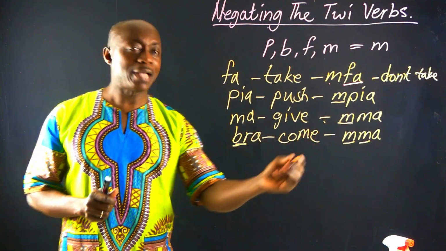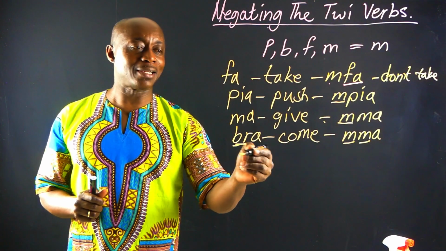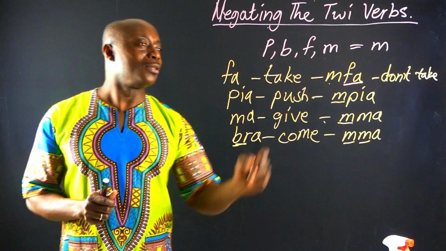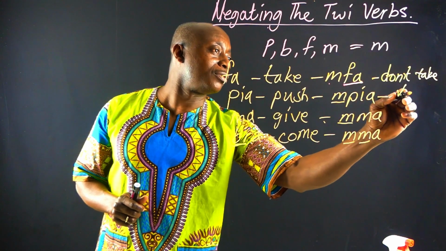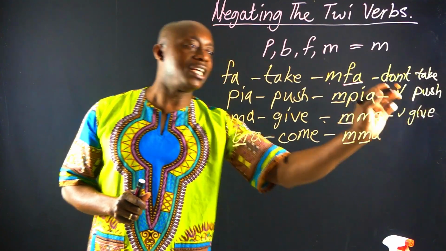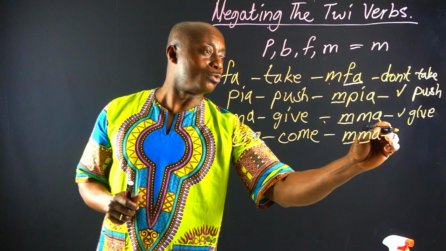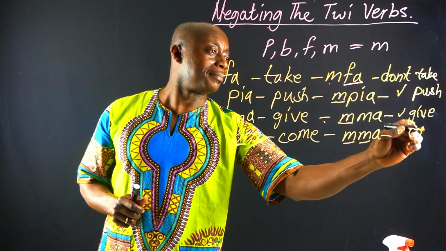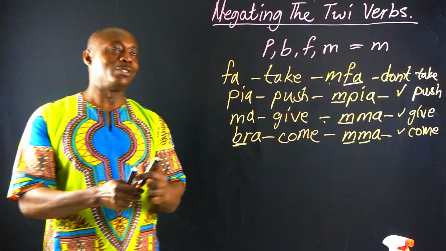Why is it that this one, the M was doubled? We'll talk about that shortly. So here we have mpia. Do not push. Do not give. Mma. Do not come. Good. The next rule. So this is the first rule.